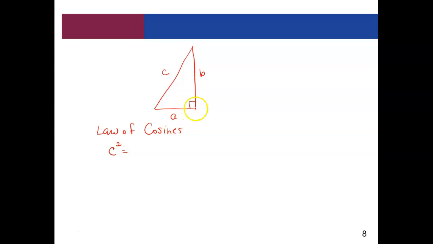Since this is our right angle, this is the angle I want to focus on, so I'm going to use the formula that starts with c squared, because this would be angle C, this is angle A, and this would be angle B. By the law of cosines, c squared is a squared plus b squared minus 2ab cosine of C.